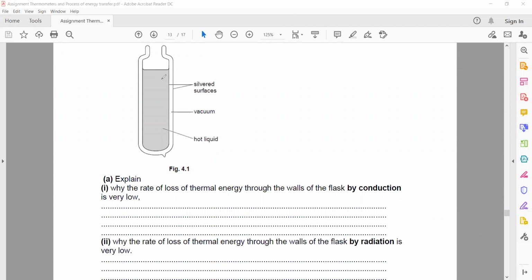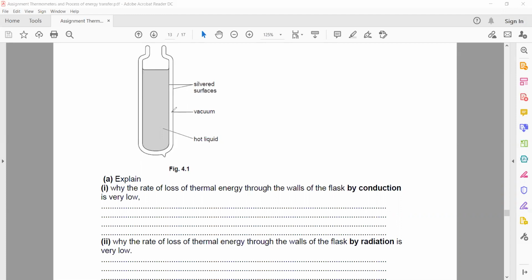But actually, what is happening? If you see, for example, this part of a flask, this is one piece of glass. So if it's one piece of glass and between it there's a vacuum, heat energy can travel to the outside through the glass. But because glass is not a good conductor, it minimizes heat energy loss.